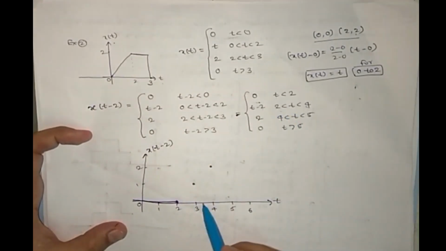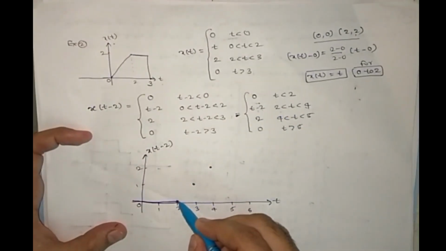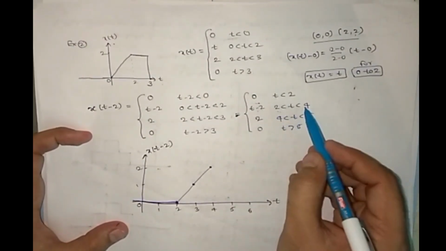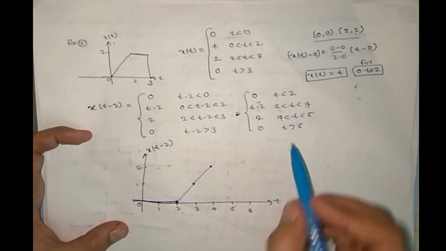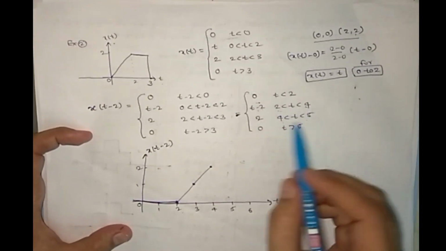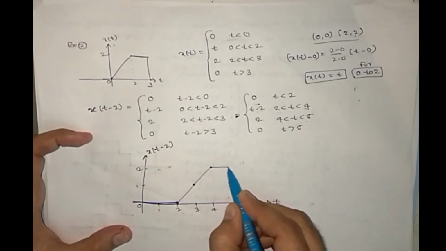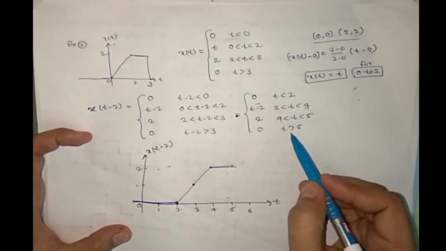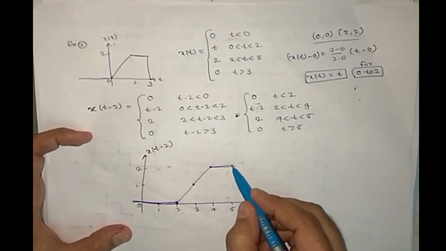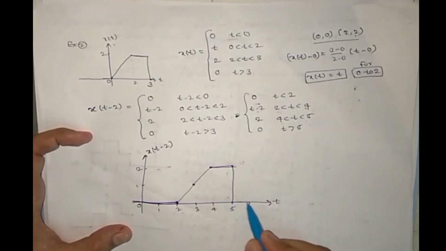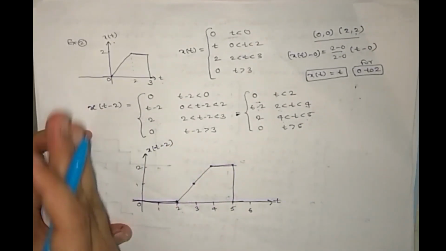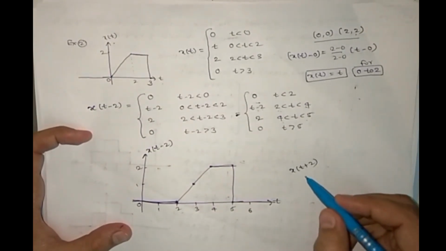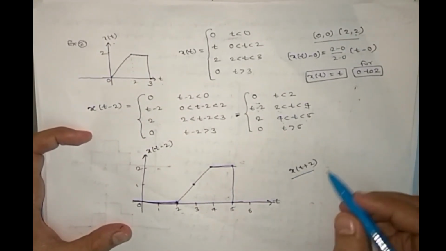This equation is valid for 2 to 4 only, so you need to stop at 4. Next, 4 to 5, it is constant 2. Then for t greater than 5, it is 0. This is the same signal, shifted to the right side. Can you try t plus 2?